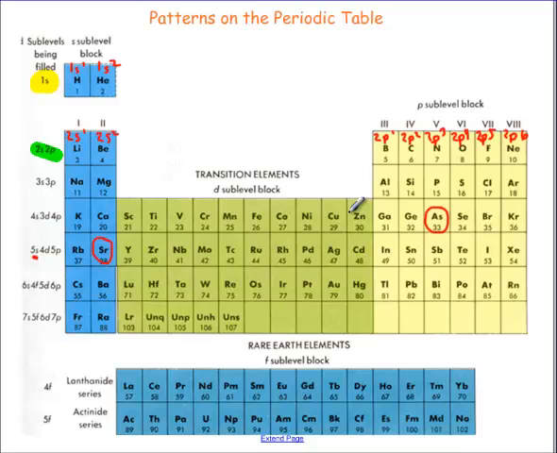Now you can use the periodic table simply to help you figure out the electron configuration without doing anything else. If you know what blocks things are in, and you remember these numbers, that's the third, fourth, fifth, and sixth energy level, and this is the fourth and the fifth energy level, then you could use the periodic table as a guide to figure out the electron configuration for almost anything.